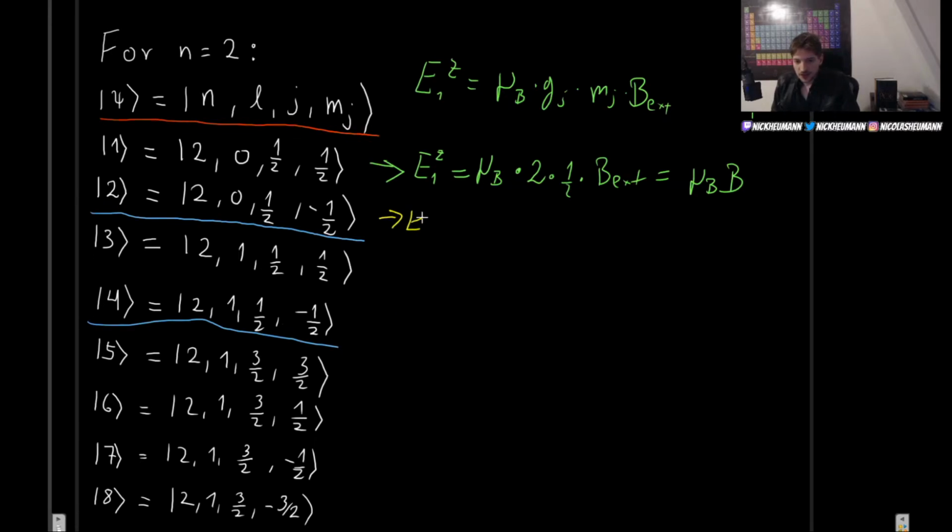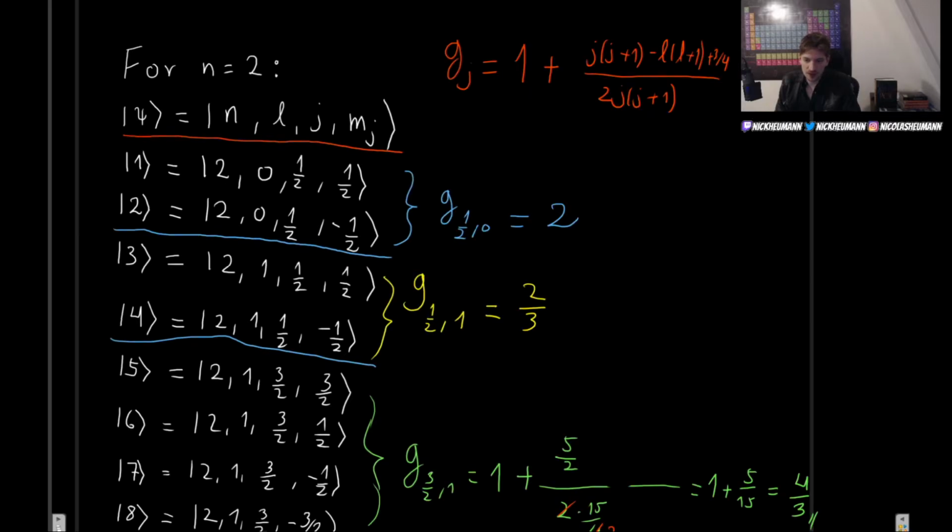Next one, so the second one, this is the same except it has a minus sign because it's minus 1/2. So we get minus mu B times the magnetic field. All right, number 3, this one right here. This time we have a different value for the landé factor. So we get that this third energy level is mu B times, and what was our landé factor?